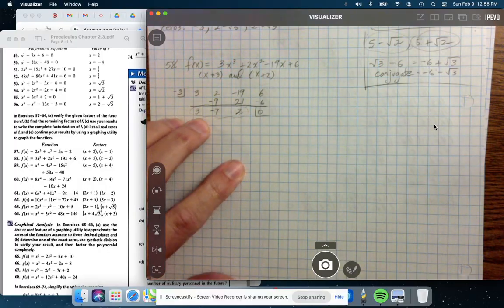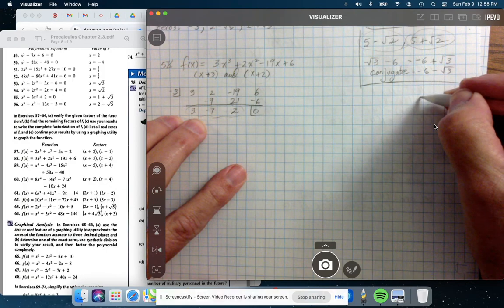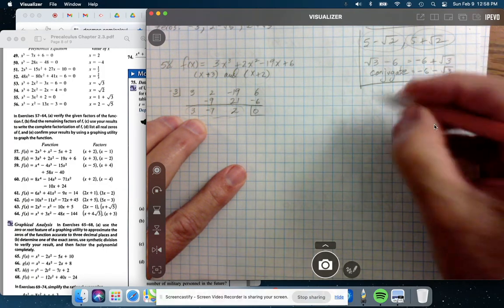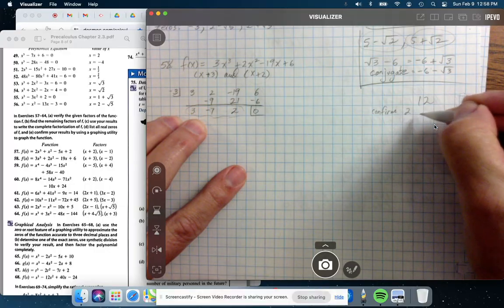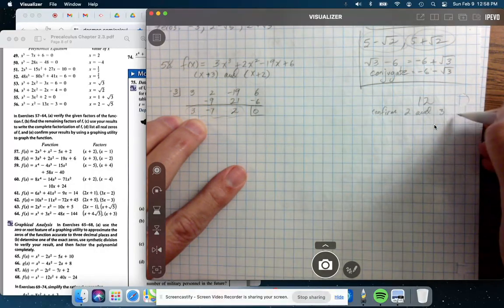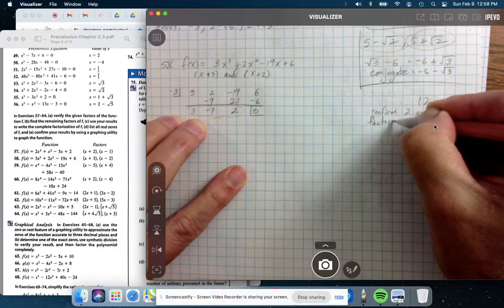So it's kind of like saying, let me give you an example. Let's say I have 12, and I say confirm 2 and 3 are factors of 12.